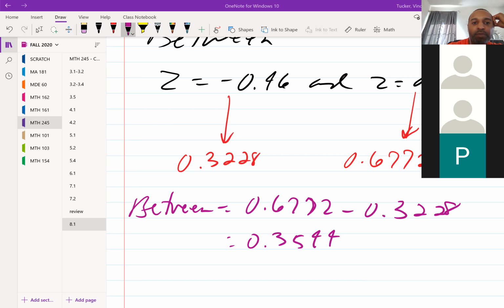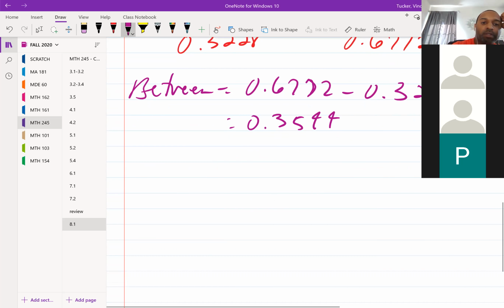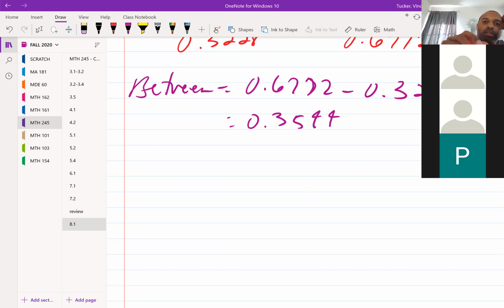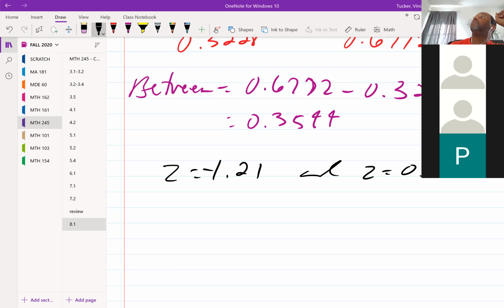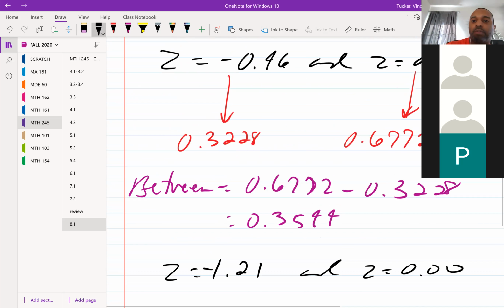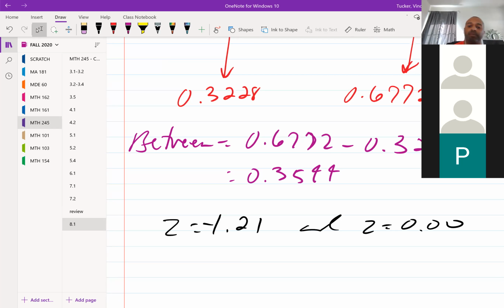Next one, we want between -1.21 and 0. So don't forget, if it's 0, that means it's 0.00.